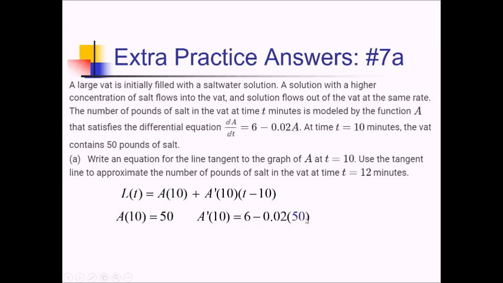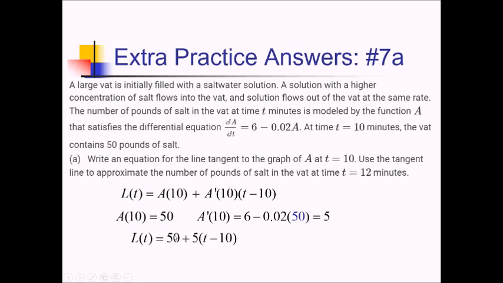So plugging in 50, because that's the A value that goes with the input of 10, this is going to be, well, let's see here. 0.02 is really 1/50th, you might know. So this is 6 minus 1/50th of 50, or 6 minus 1, which just comes out to 5. So putting all this together, we can write L of t equals 50 plus 5 times t minus 10.